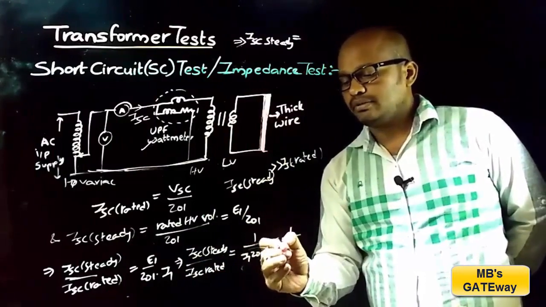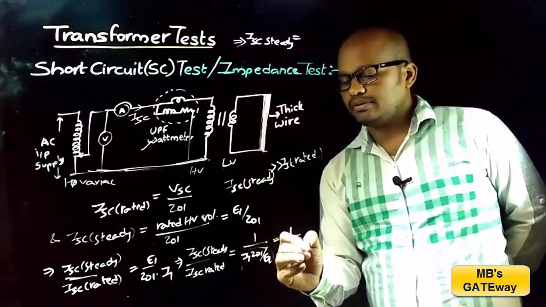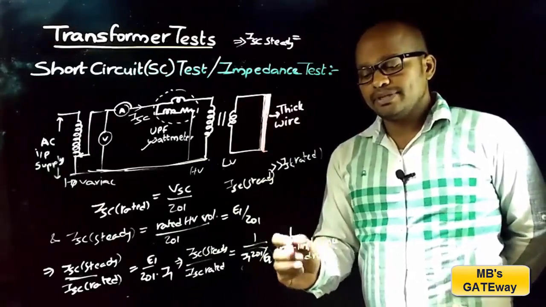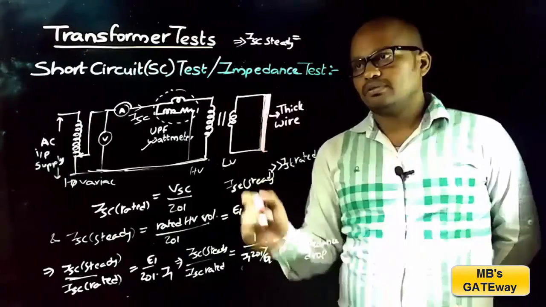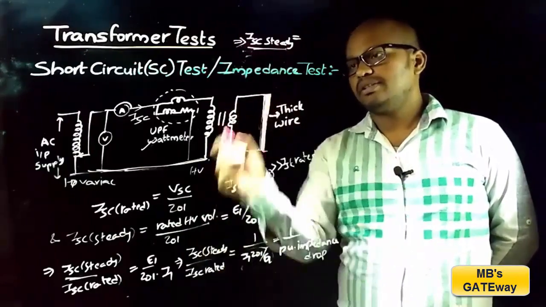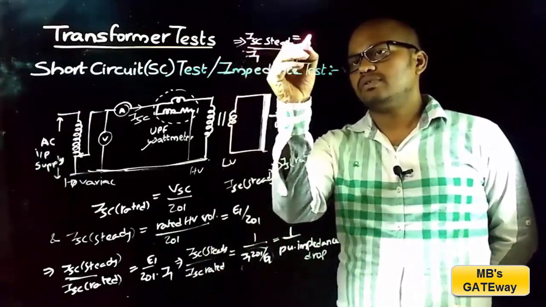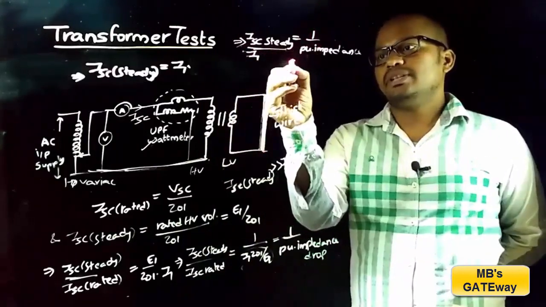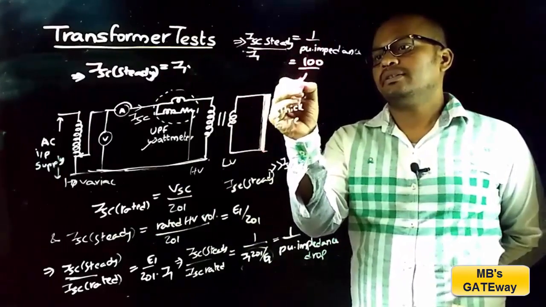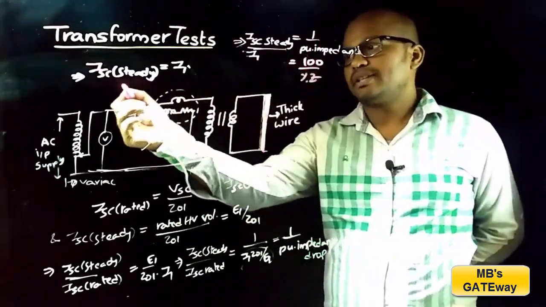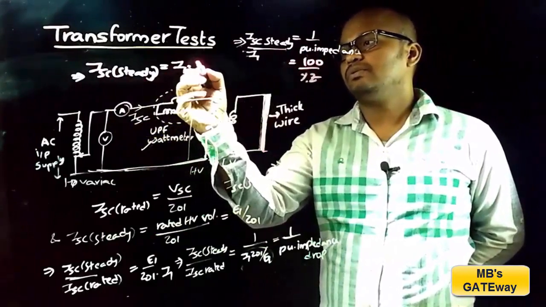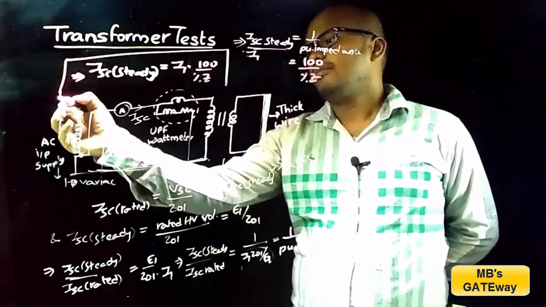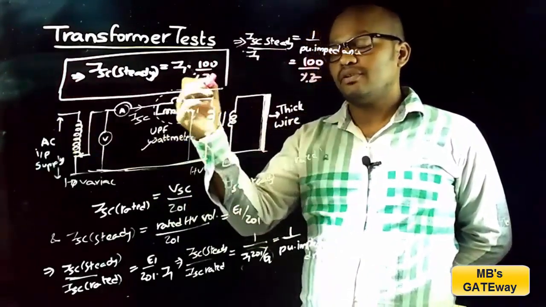So 1 by per unit impedance drop, and per unit impedance drop can be simply termed as per unit impedance. So ISC steady by ISC rated is equal to 1 by per unit impedance, which can be taken as equal to 100 by percentage Z, and that implies ISC steady is equal to I1 into 100 by percentage Z. This is the important relation which is considered in designing of the transformer.